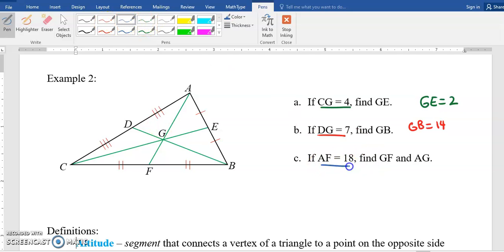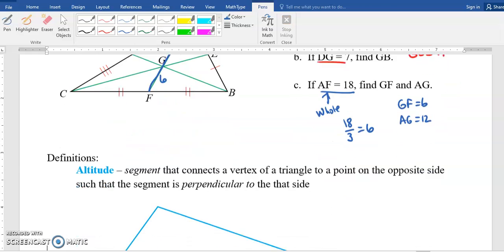And here, if AF is 18, that's the whole thing, so divide it into thirds. 1/3 is 6. So the short piece is 6, and the longer piece is double that, or 12. So GF is 6 and AG is 12. It just gives it that 1/3, 2/3 relationship.